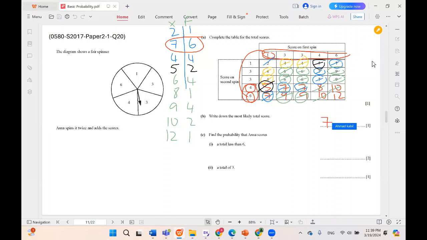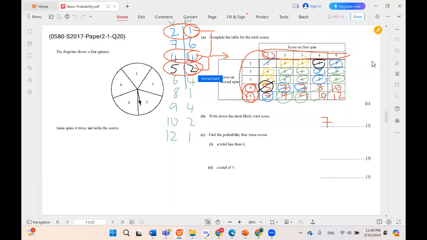Now we want the probability that Anna scores a total that is less than 6. So the total that is less than 6 could be either 2 or 4 or 5. And these occurred with 1 and 4 and 2 times.